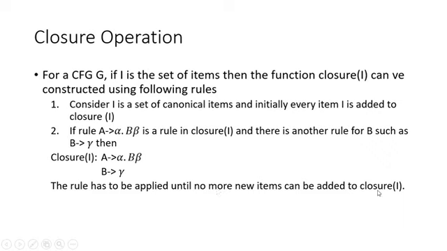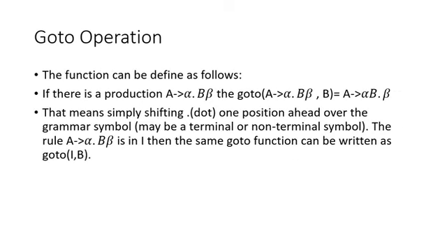Now we'll understand this in a while again. Similarly, there is the goto statement. The goto statement is just to say that we are going to the next state by jumping one dot ahead.